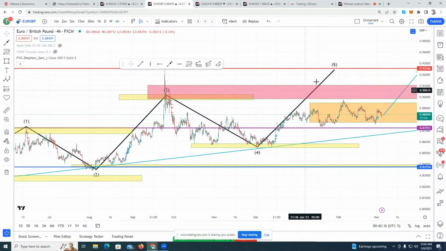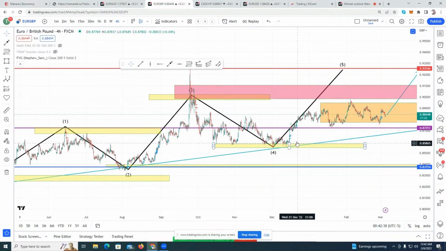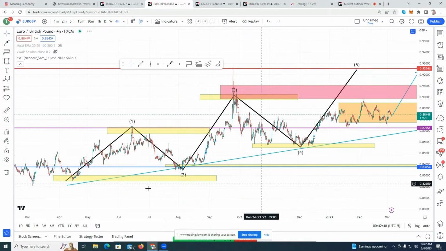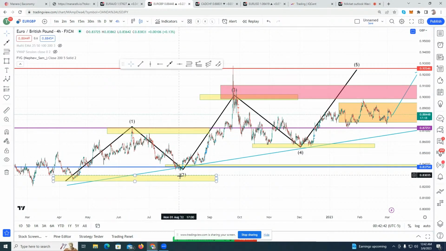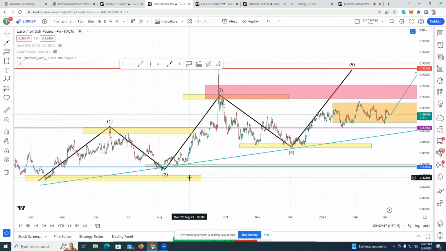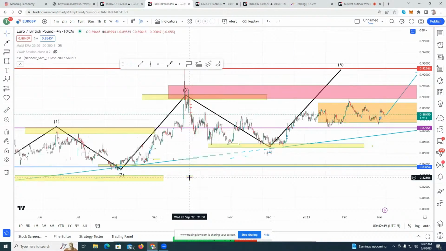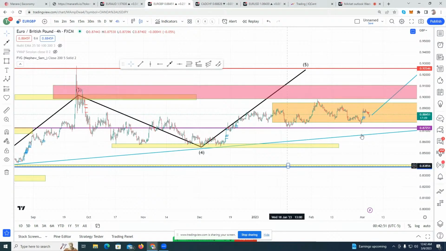And we still have yet to finish completion of the wave 5 of a 5 move Elliott wave sequence here. So that's what I'm anticipating, and we're just waiting for this completion to occur.